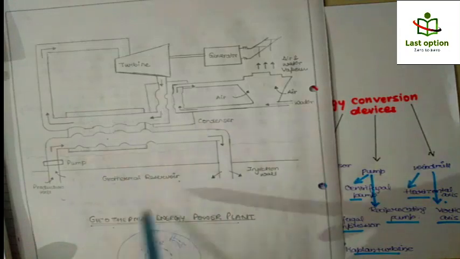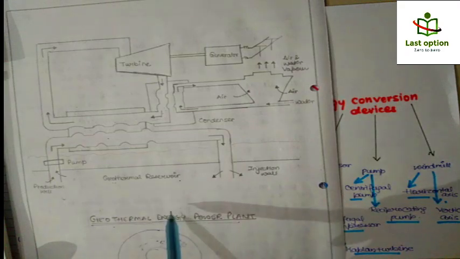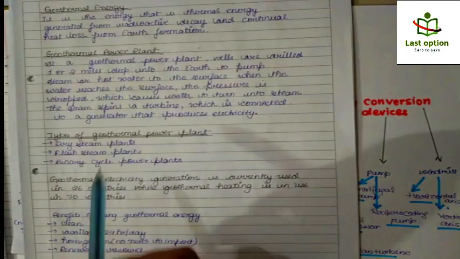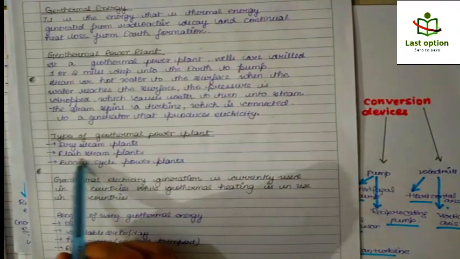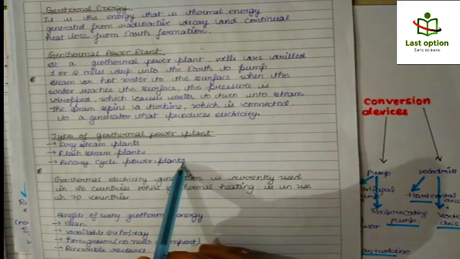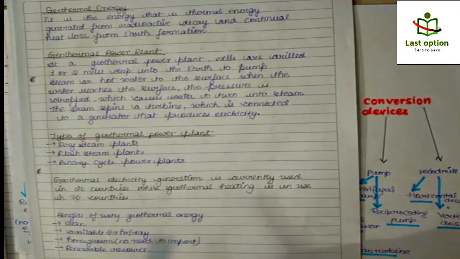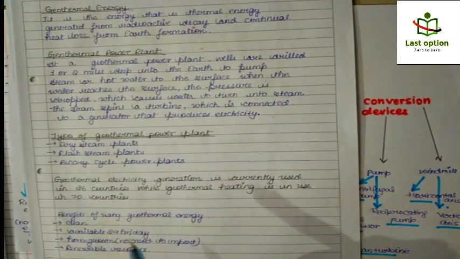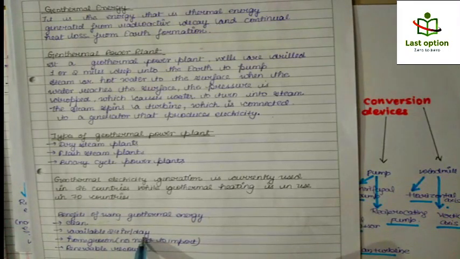So this is all about geothermal energy. Now let's study its advantages and the types of geothermal power plants. The types are dry steam plants, flash steam plants, and binary cycle power plants. The benefits of using geothermal energy: it's clean, and available 24 hours per day.